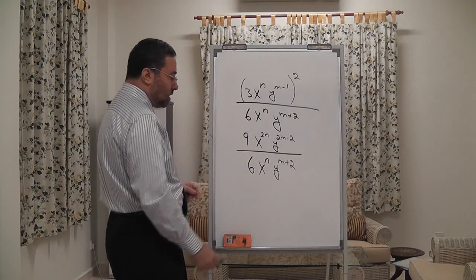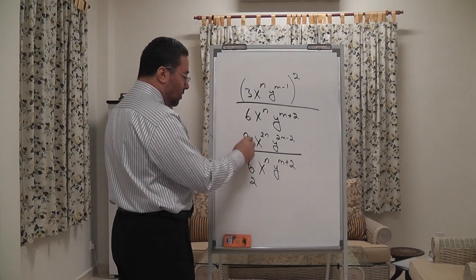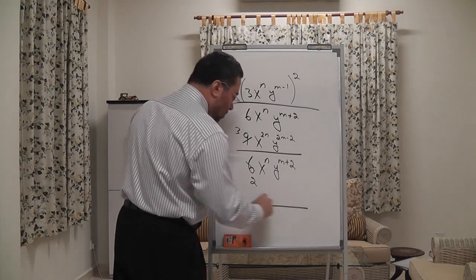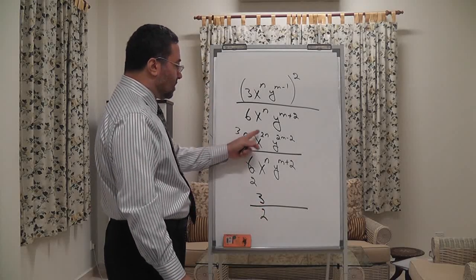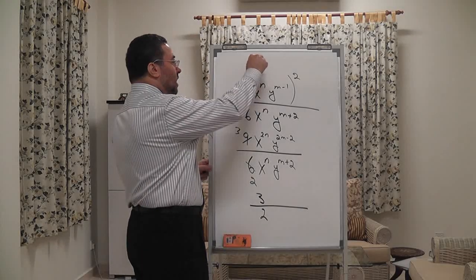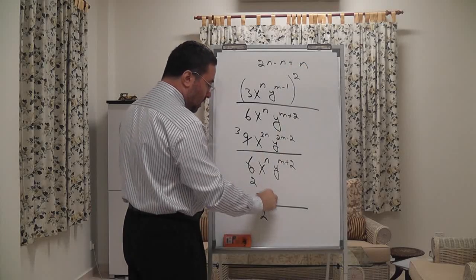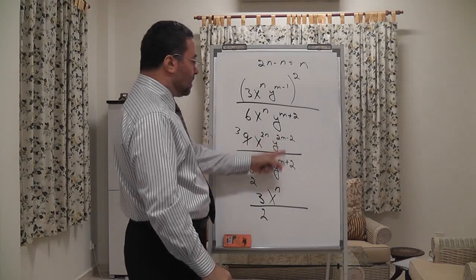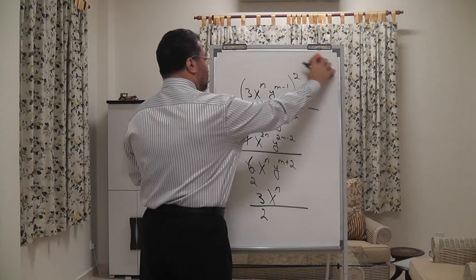Here these two cut, 3, and that will be 2, and 3 here, that will be 3. So the numbers will be 3 over 2. Now x raised to 2n divided by x raised to n, we minus 2n minus n, and that gives us n. And that will be in the numerator. Here now we minus 2m minus 2 minus m plus 2.